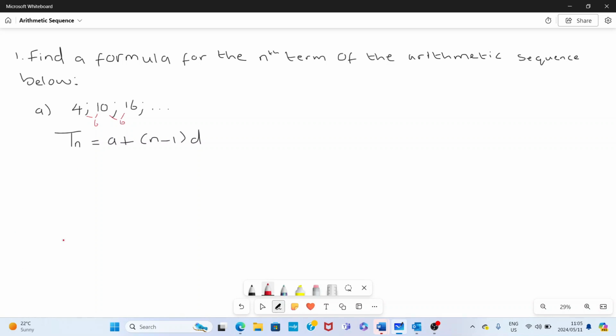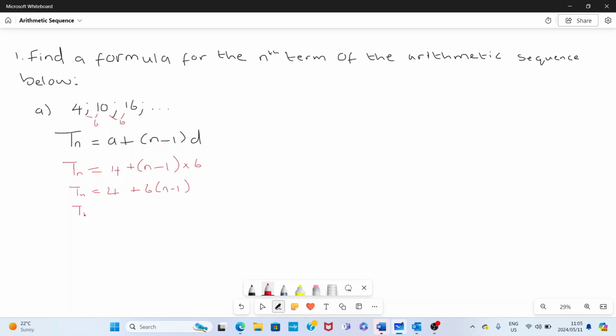So to find our formula for the nth term of this arithmetic sequence, we would get Tn equal to a, our a is given by 4 here, plus (n minus 1) multiplied by d, which is given by 6. You can just try to beautify this, make it equal to 4 plus 6 into (n minus 1).